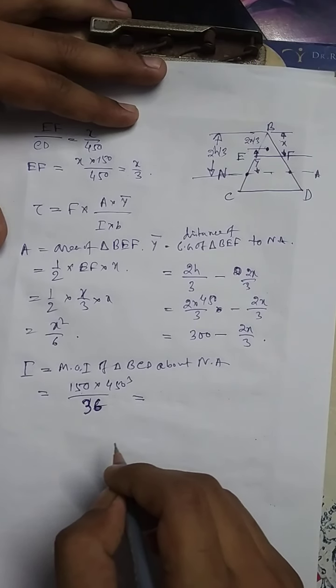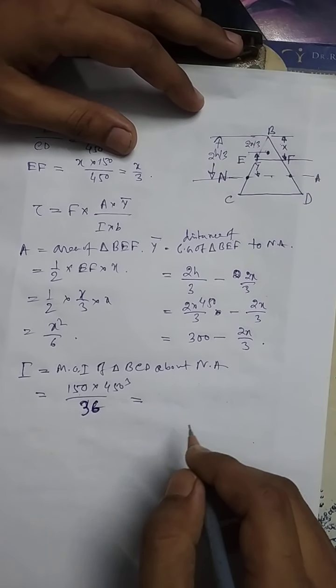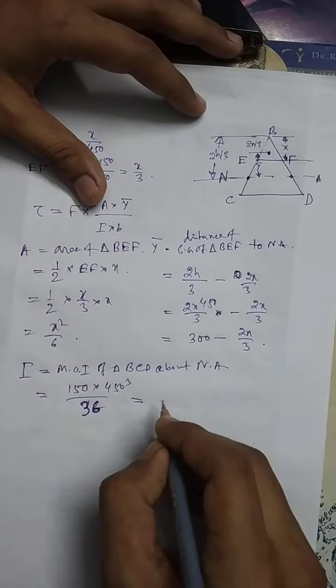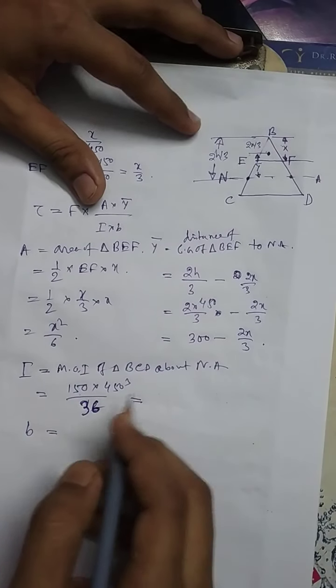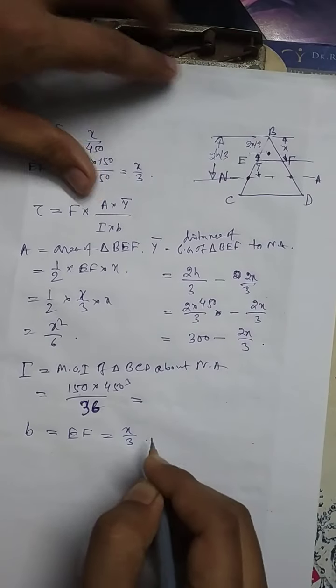BH cube by 36, that we have already done in our previous problem, and here B will be equal to EF, which is x by 3.